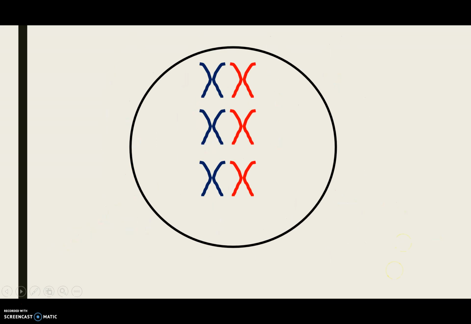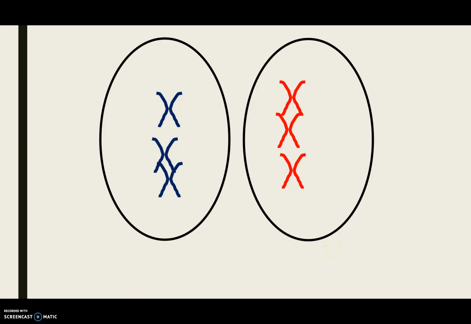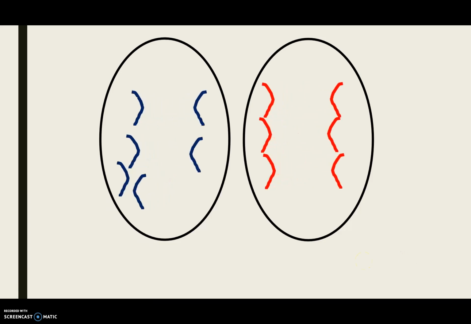Okay. Now, the other option of nondisjunction: maybe the homologous chromosomes do separate just fine, and then cytokinesis occurs, and then the chromosomes move to the middle of the cell, and then the sister chromatids fail to separate.